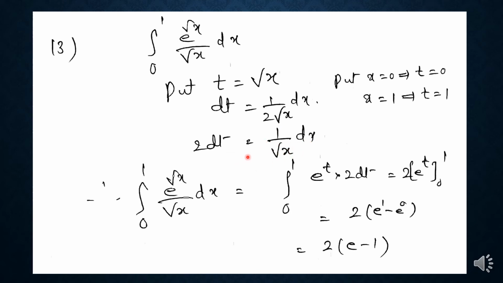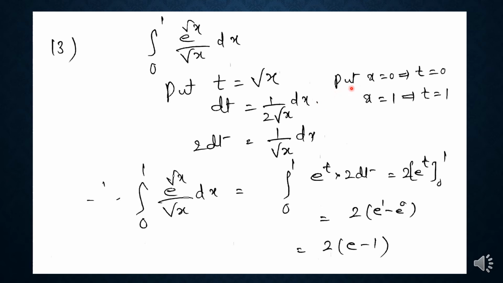By substituting these values in the given integral, integral 0 to 1 e power root x by root x dx, before substituting these variables, we have to change the limits also.